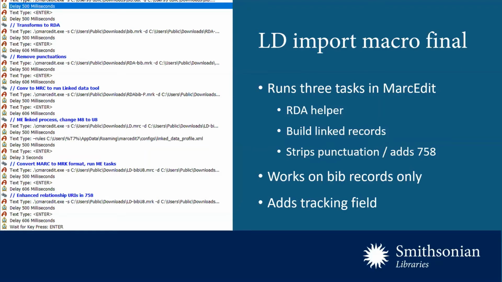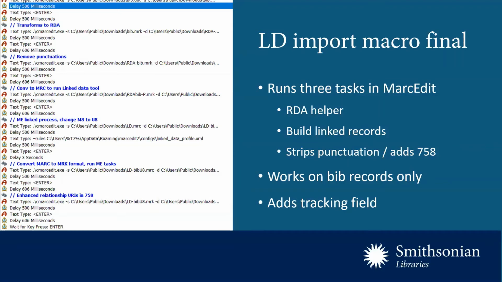And then some of these task specs were built by Jackie, and this is where we did a lot of those testing runs. Those are the tasks that strip punctuation and add the 758. The 758 field is the resource identifier, and in adding this field, we are following steps outlined in the PCC task group on linked data best practices final report.